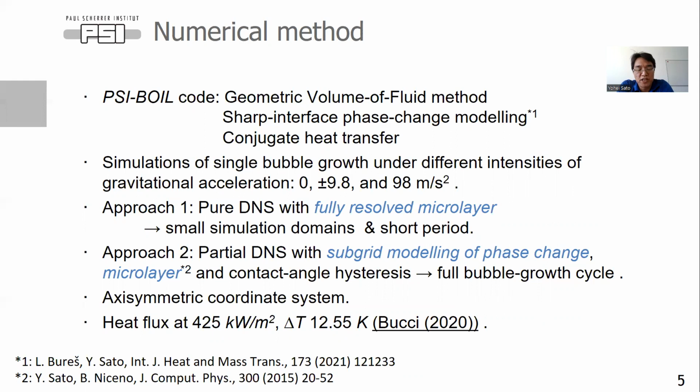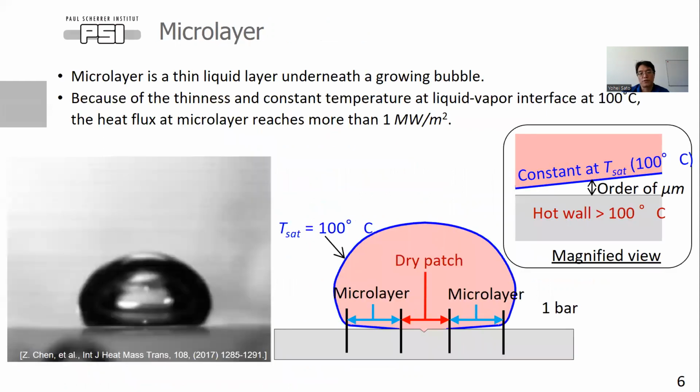That means velocity and pressure are directly computed, but the phase change rate and the micro layer are modeled as a subgrid model. In this approach, contact angle hysteresis is also taken into account. And as a result, we could simulate the full bubble growth cycle. The coordinate system was axisymmetric, and the heat flux is about 400 kilowatt per square meter. It's the same condition as Butch's experiment.